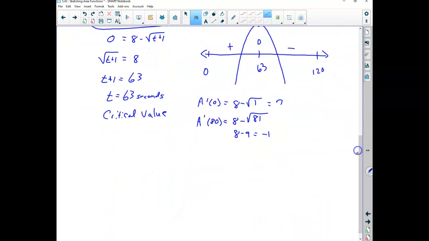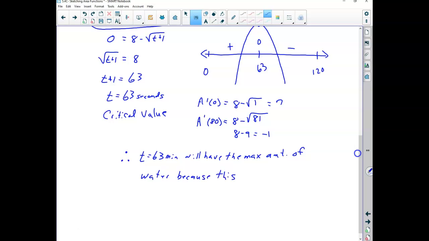Now, so then I would come down and I would say, therefore, t equals 63 minutes will have the max amount of water because this is where A prime of t changes sign from positive to negative.